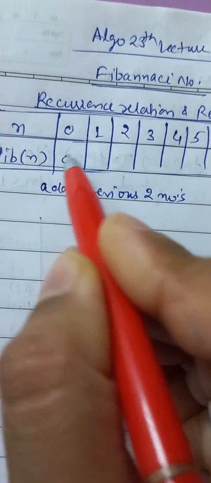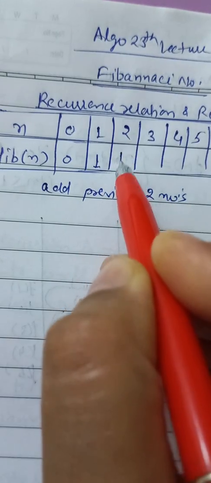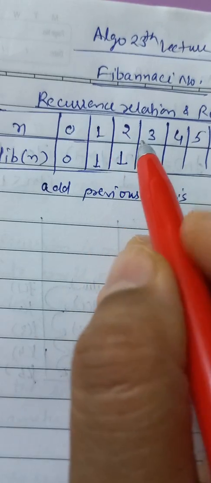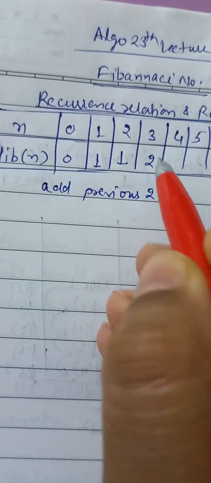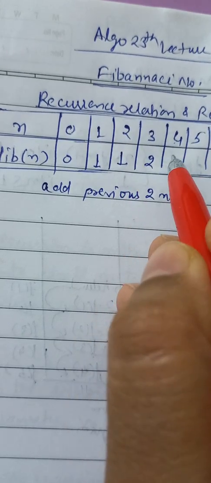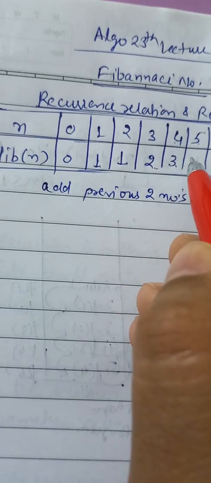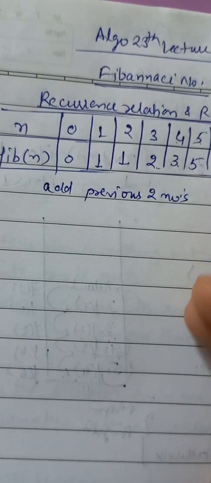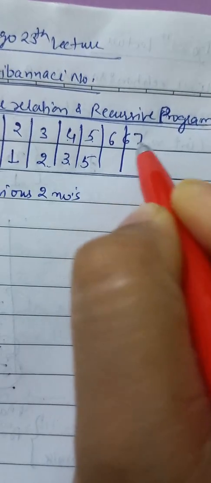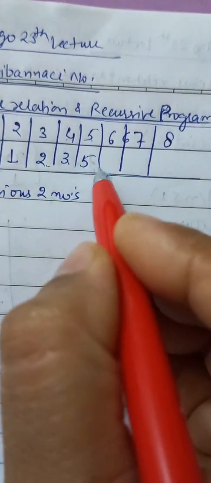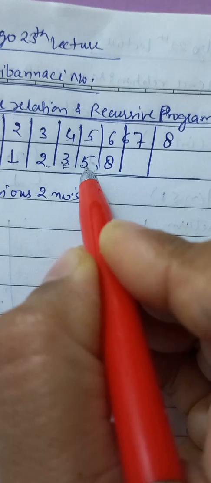So initially here we get 0, here we get 1, here we get again 1, and here what we get 2, here what we get 3, here what we get 5, and then like that, and so here what we'll get is the value adding two previous numbers.